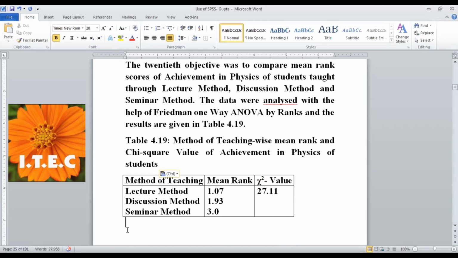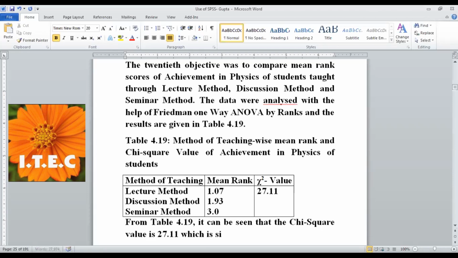Now, from table 4.19, it can be seen that the chi-square value is 27.11, which is significant at 0.01 level with df equal to 2.